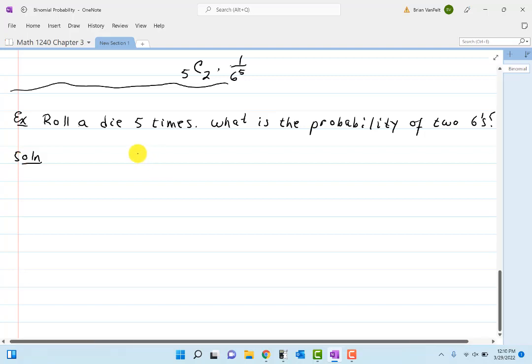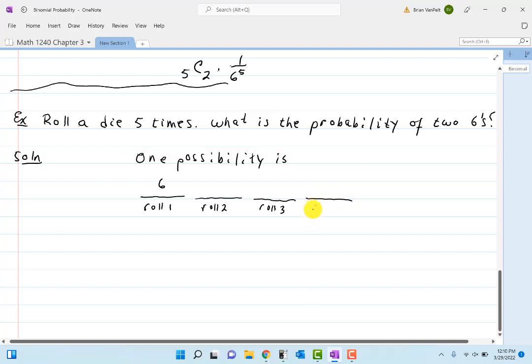So one possibility is this. We could say on the first roll we could have a 6. So we got a 6 on the first roll. And actually, let me put it here because I want to put the probability up there. The probability of getting a 6 on any given roll is 1 out of 6.